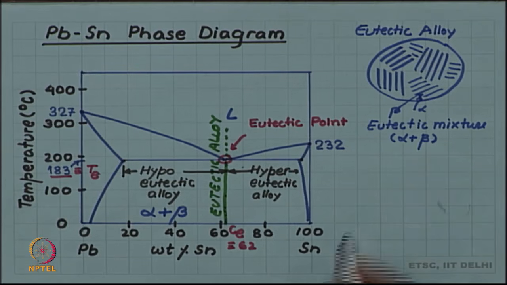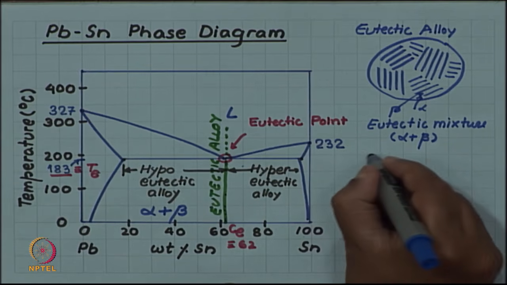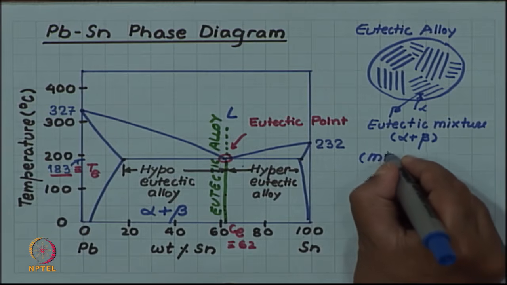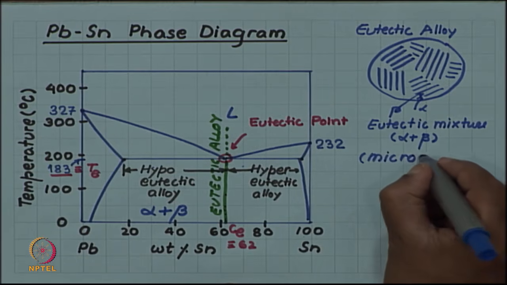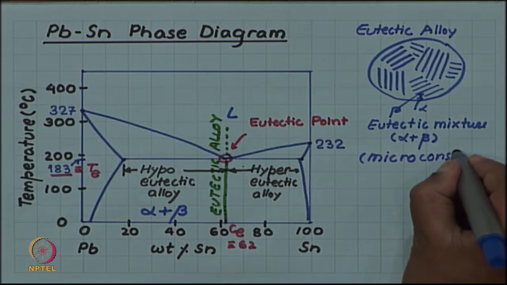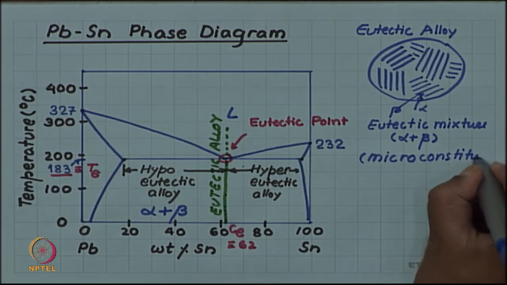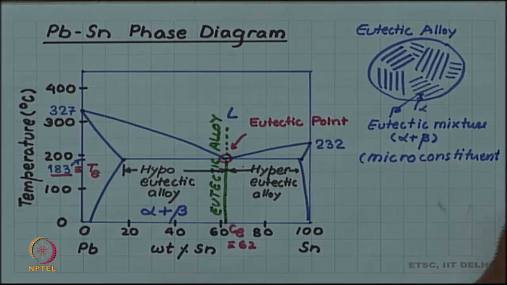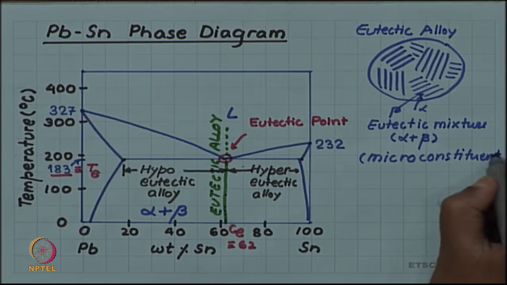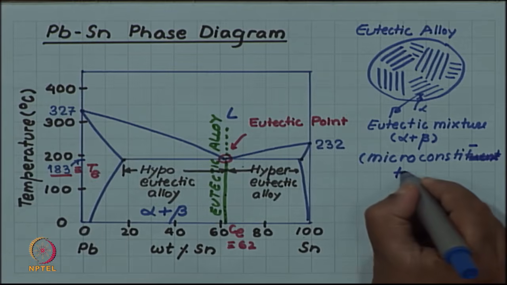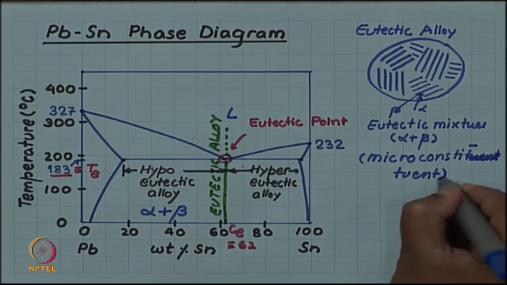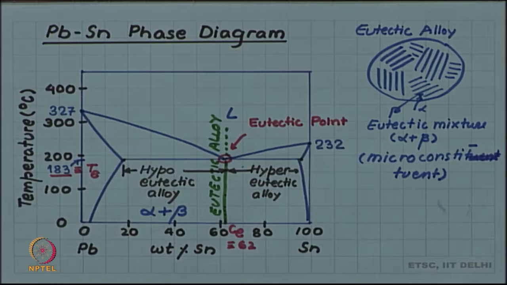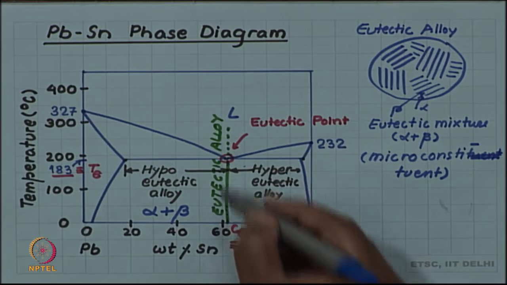So, sometimes it is called a microconstituent. So, that was for the eutectic alloy.